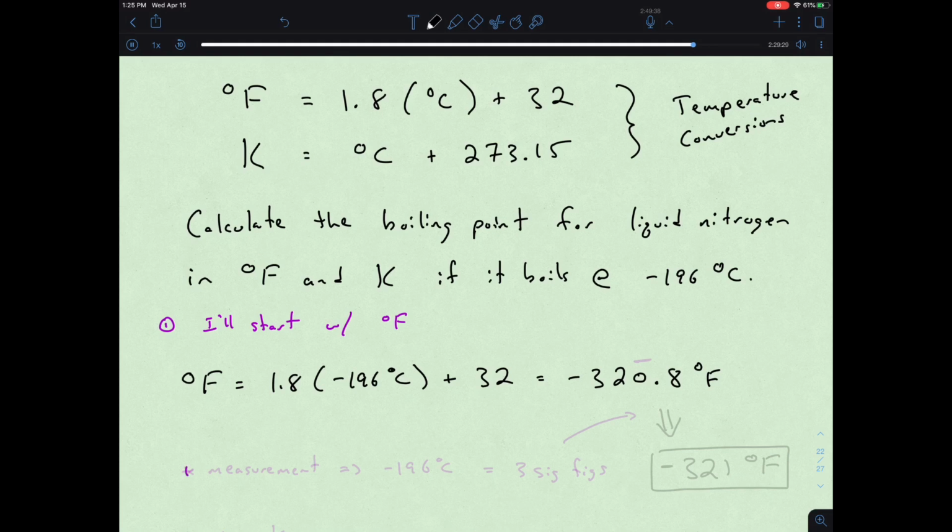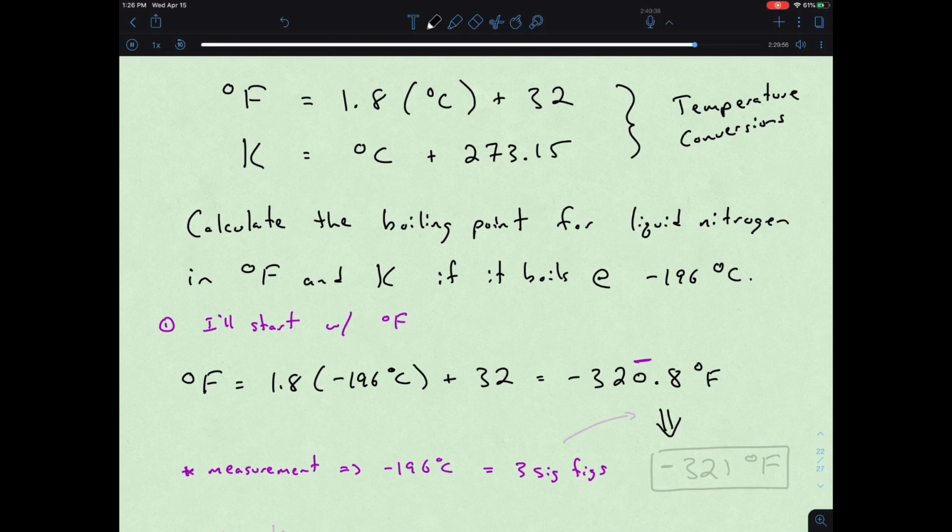But in this case, our measurement is negative 196 degrees Celsius. So there's only 3 sig figs there. So we would be cutting the number there at the 0 or the 1's place.